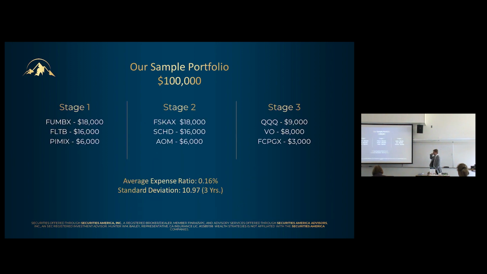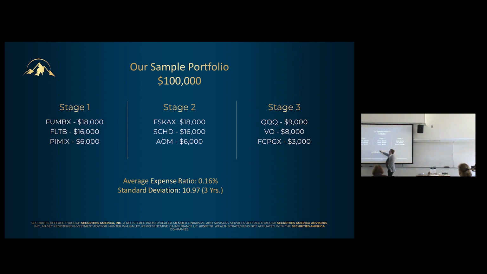So how does that look in our portfolio that we just created? That shows us that, remember, in our stage 1, we've got our bond index fund at approximately $18,000. We've got our Fidelity limited term bond fund at approximately $16,000. And we have our managed bond fund at $6,000.